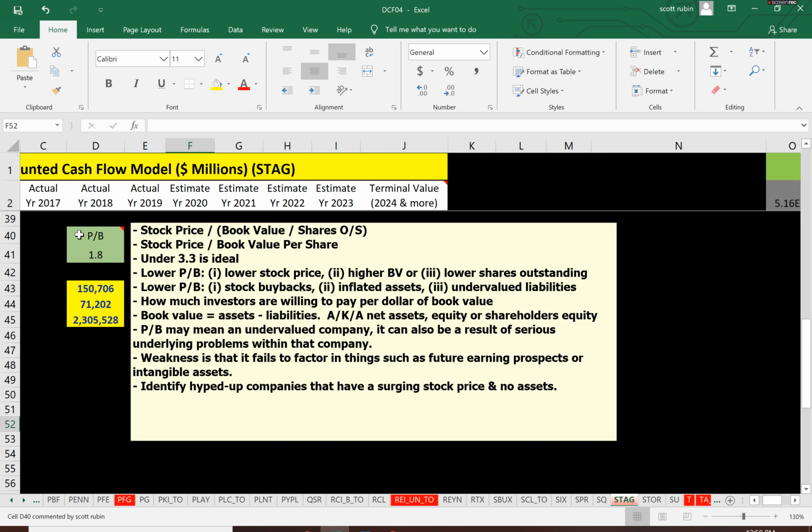To the firm they do, but you can't just go sell them like you can with your inventory or your investments. But generally, I like to see under 3.3, and this company has under 2, so I consider that a good sign, at least for their balance sheet.